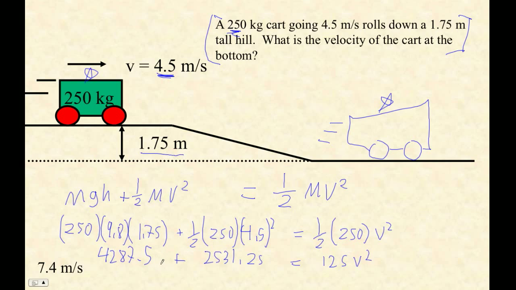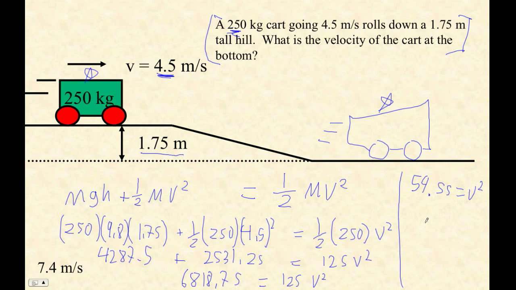Then I can add these together. Usually I just type this whole thing in and get this side all added together. So 4287.5. Now the next thing to do is to divide both sides by 125, and you get 54.55 is v squared.